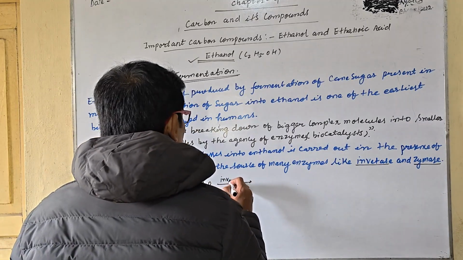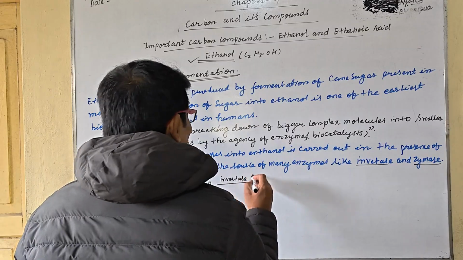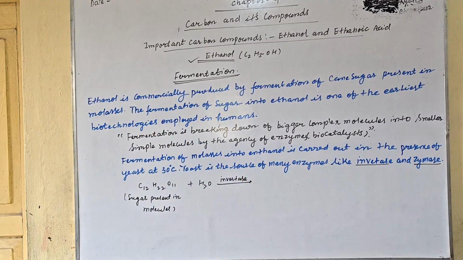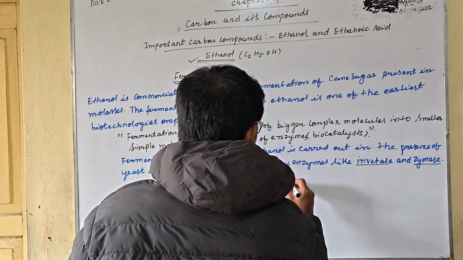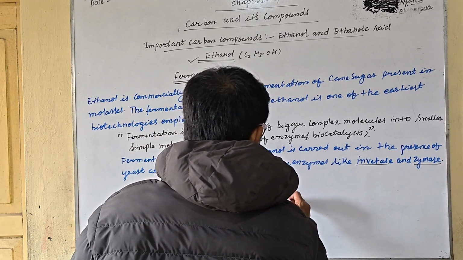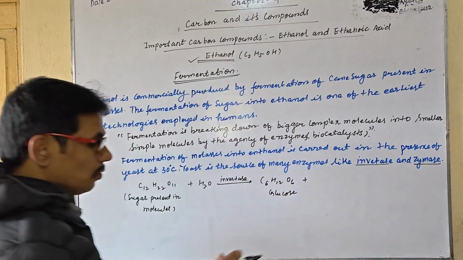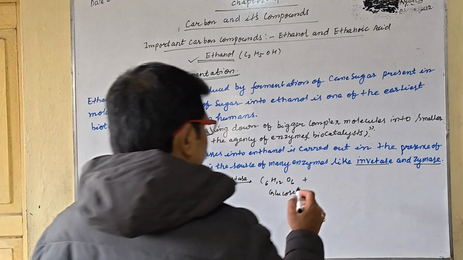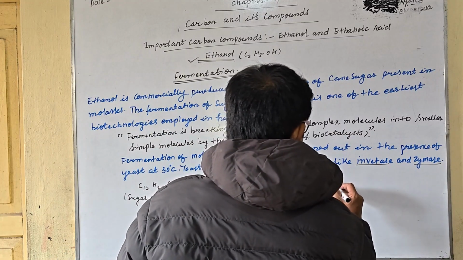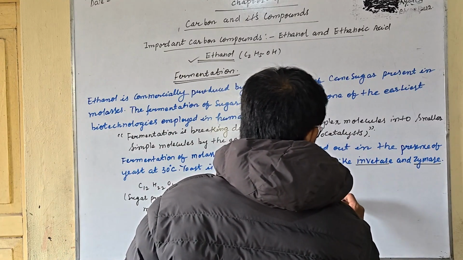Invertase is the catalyst, or a biocatalyst, you can say. It gives you C6H12O6 in the form of glucose, and it also gives fructose, C6H12O6, this is the fructose.